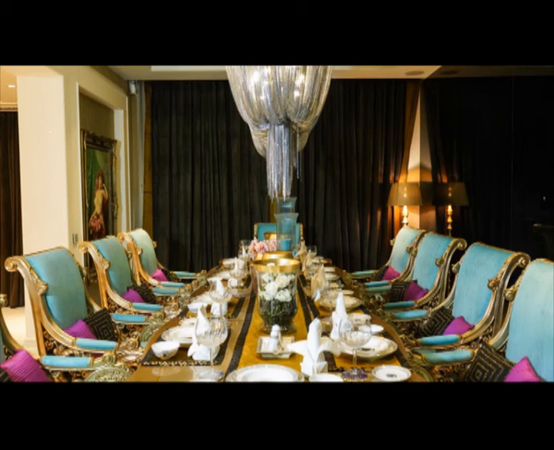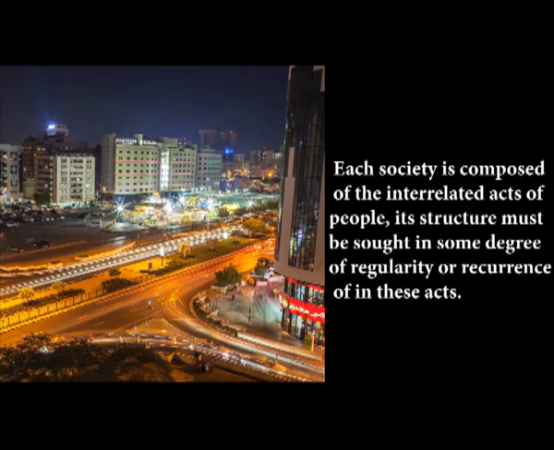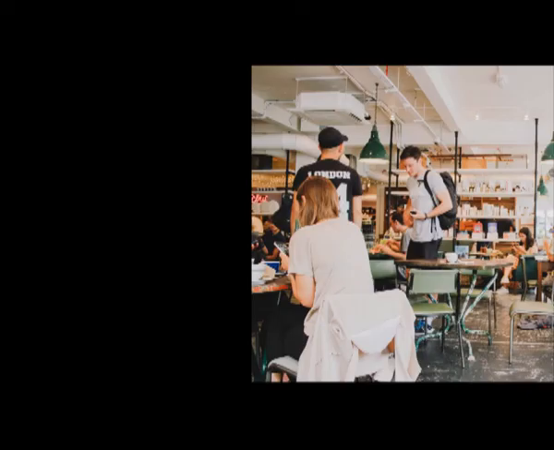And each society is composed of the interrelated acts of people; its structure must be sought in some degree of regularity and recurrence. In these acts, it shows continuity because functions are performed.